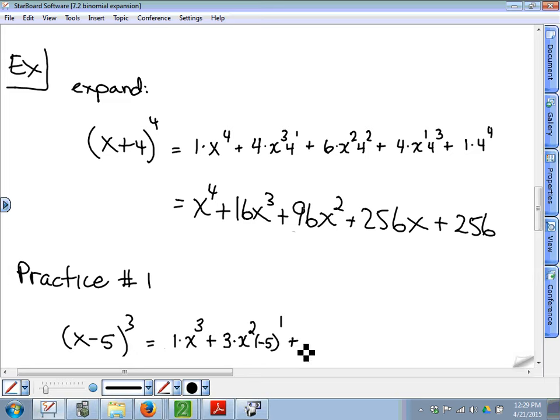What's the next number in that row of the triangle? Okay, so we've got a 3. x to what power? But now -5 is raised to the second power.